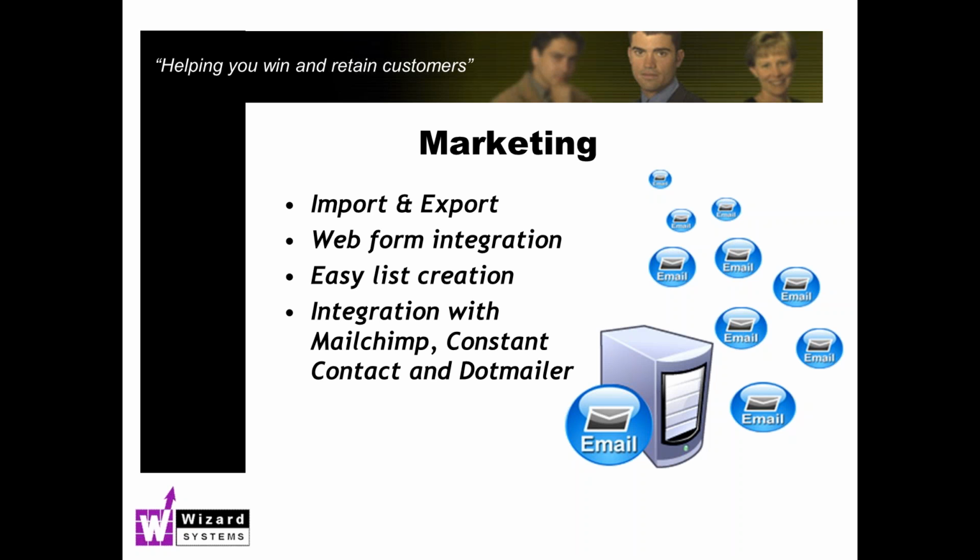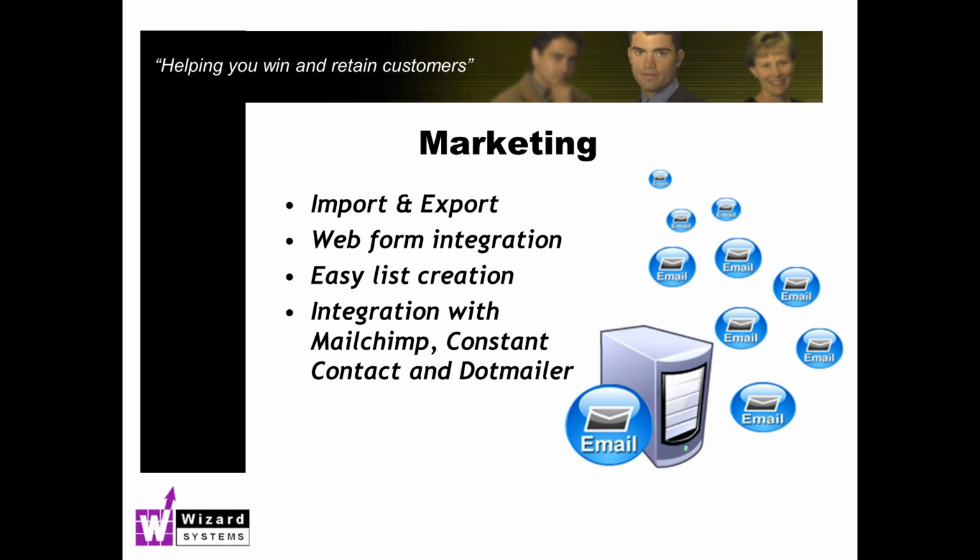Now with Workbooks, we integrate as standard with 3 very popular email marketing platforms: Mailchimp, Constant Contact, and dotmailer. I'll be making reference to the Mailchimp integration this morning in my presentation, but the integration is similar with the other 2, and we are also announcing other integrations as time goes on.